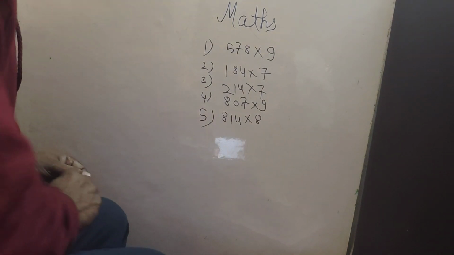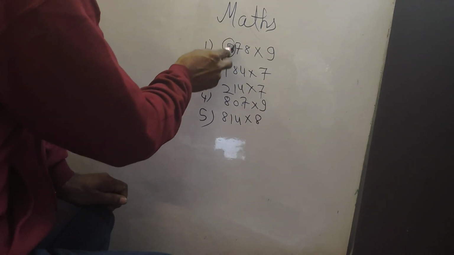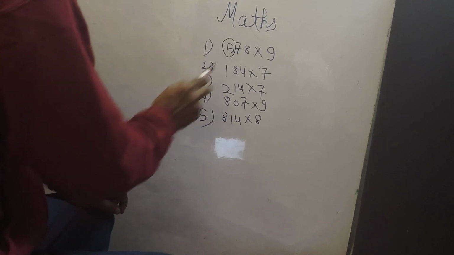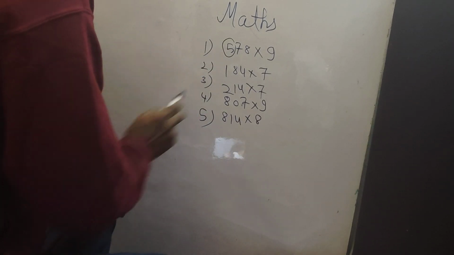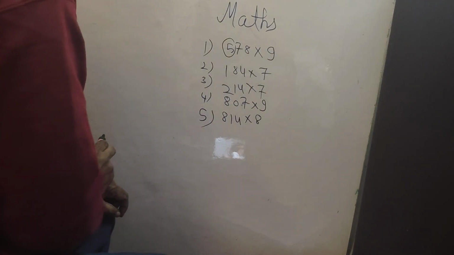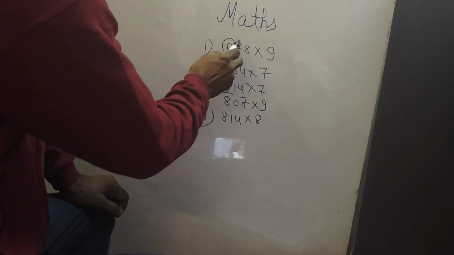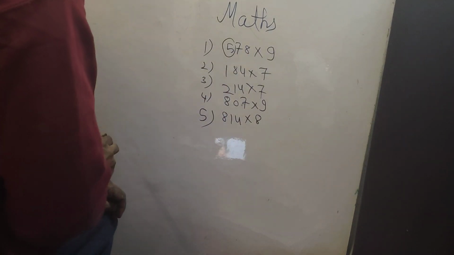Now look at the first one. 578 multiply 9. This 5's place value is 500. So 5 times 9 is 45, so it is 4500. 500 into 9 is 4500. Put 4500 in mind. Now this 7, its place value is 70. So 70 into 9, 7 times 9 is 63.